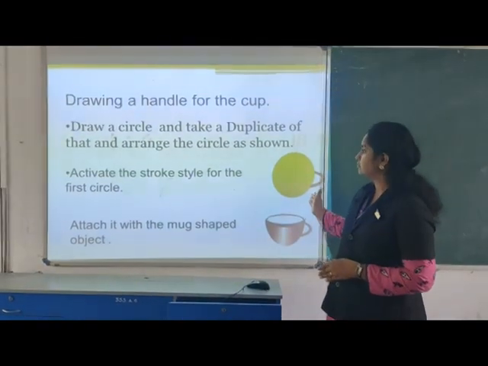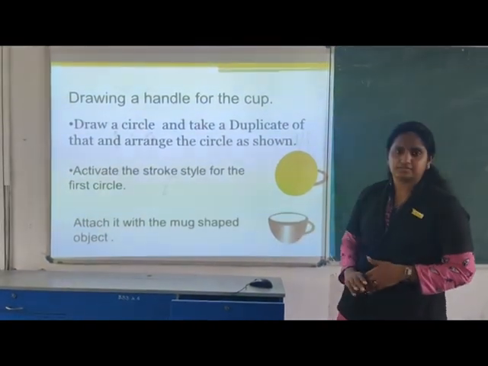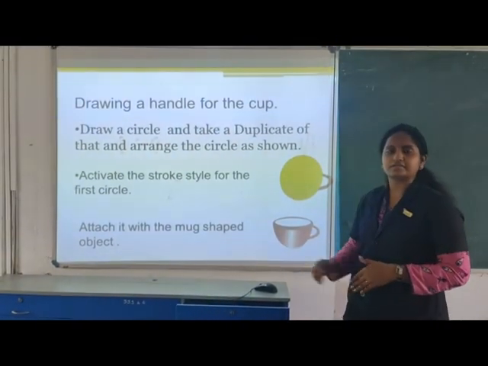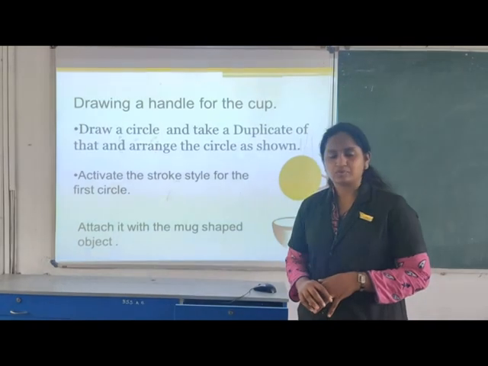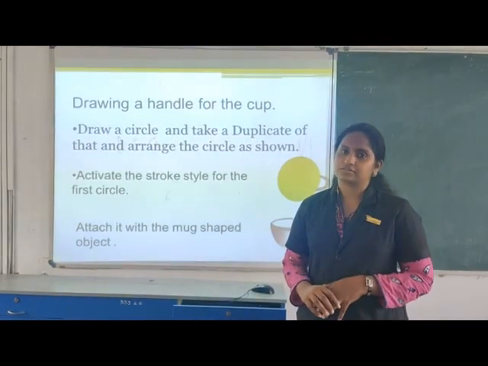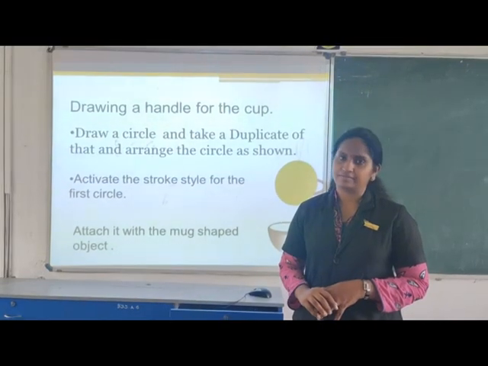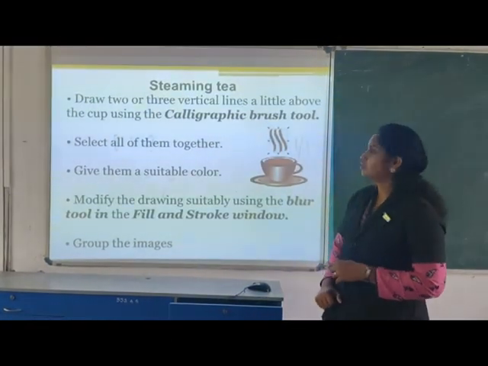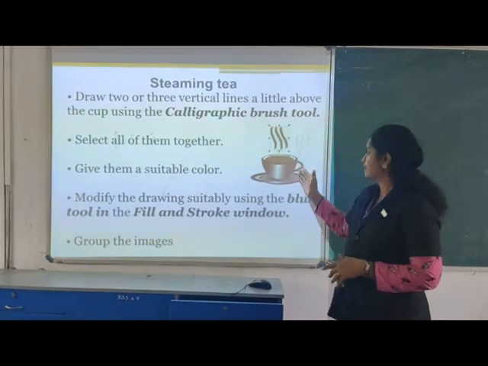Again, to remove this part, go to path difference. So you will get a handle shape and you can arrange it on the first object. It will be seen in the practical session which I am attaching with this video. Clear? So like this you can create your mug and arrange it like this.